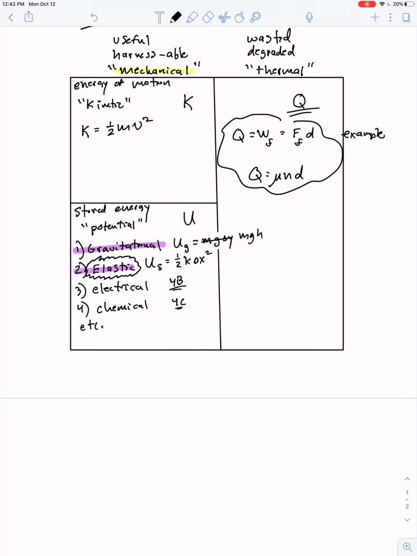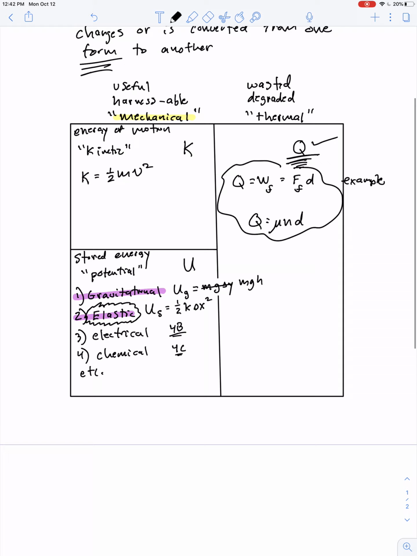So in most cases, we won't actually make calculations of Q. We'll just recognize that anytime energy is converted from kinetic to potential, it has the ability to be converted from potential back into kinetic. And energy can continue to be transformed back and forth from kinetic to potential. And as it does so, the energy is continuously harnessable.